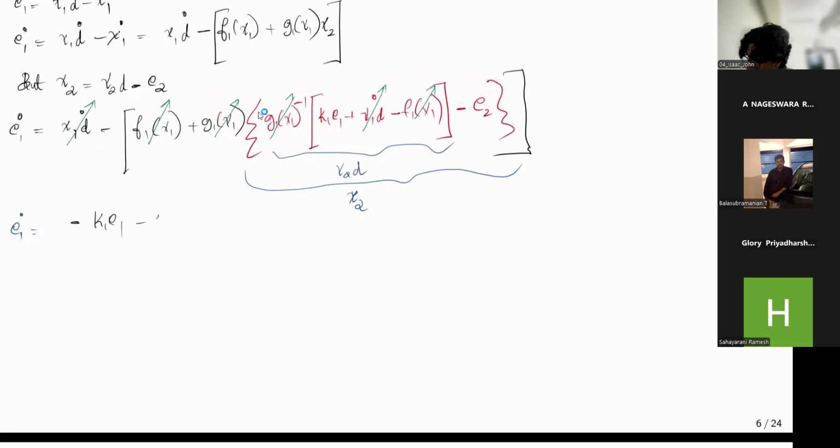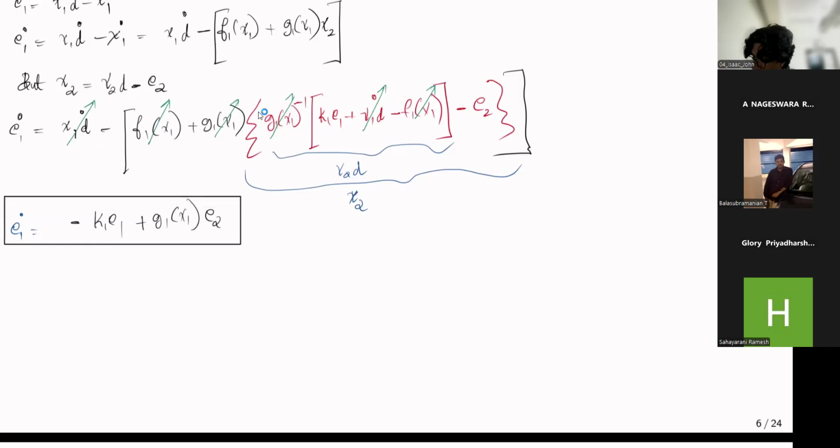That will be like minus, or is it plus? We have a minus over here and minus over here, so that becomes a plus. So plus G1 of X1 multiplied by E2. So we got the expression for E1 dot over here.